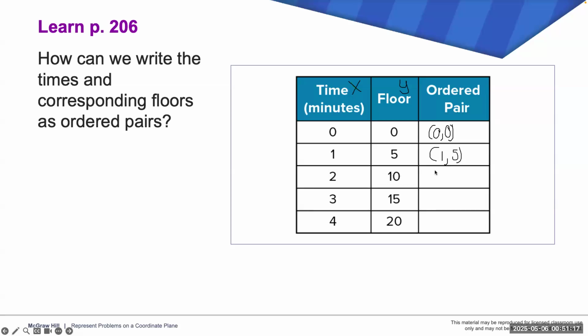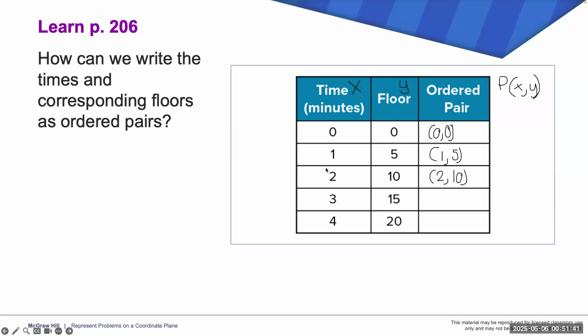So x is 2 and y is 10. Because any point we want to plot has to have an x coordinate, and that goes first, and a y coordinate, and that goes second.